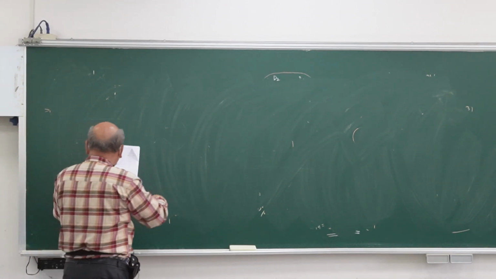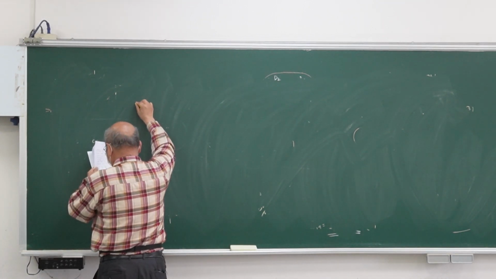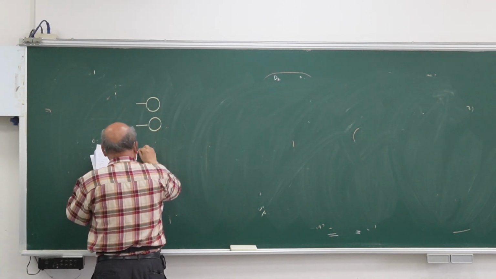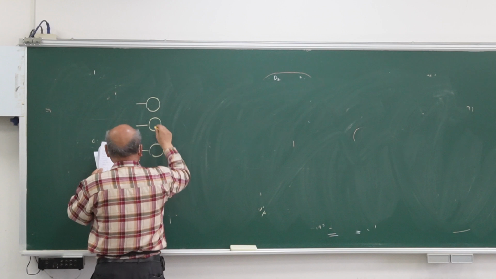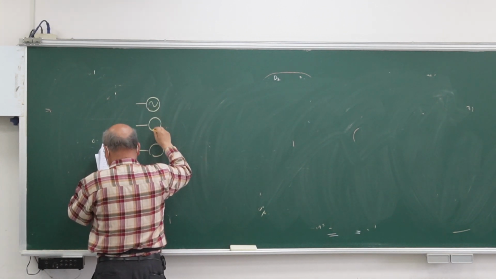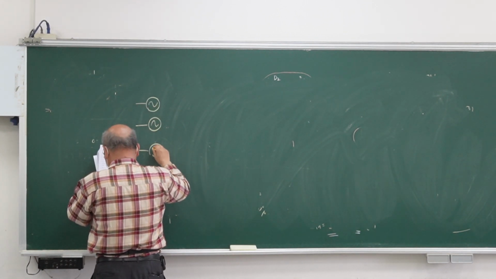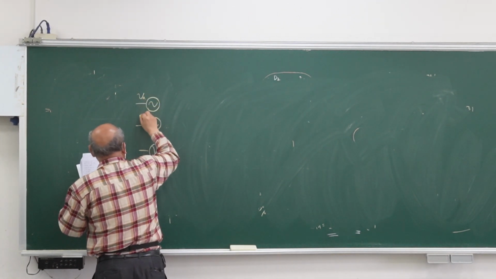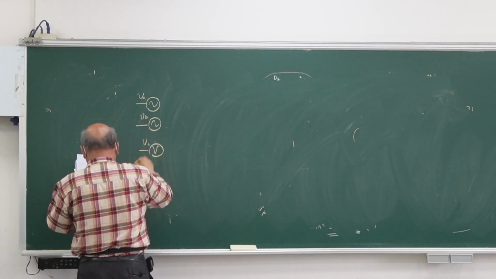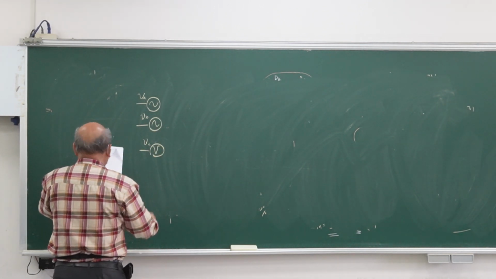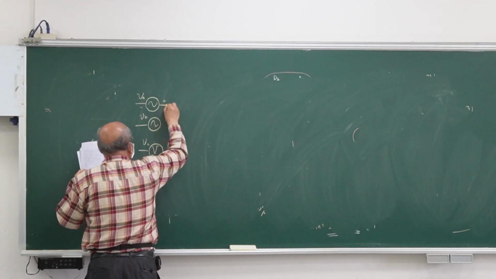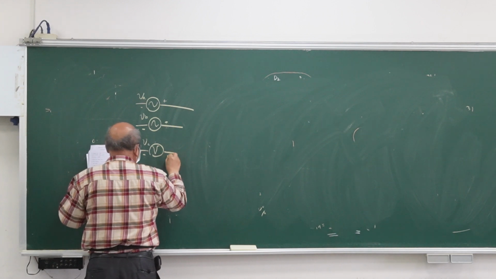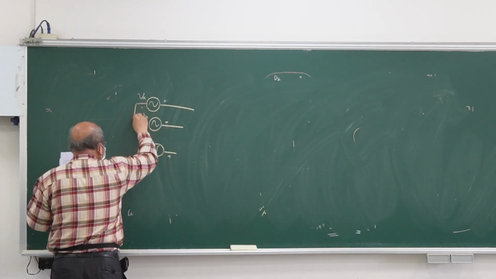So here we have AC to DC. We have A phase, B phase, C phase: V A, V B, V C, and we call this minus, plus, minus, plus, and minus, plus. So we have 3 phases. This is ground.